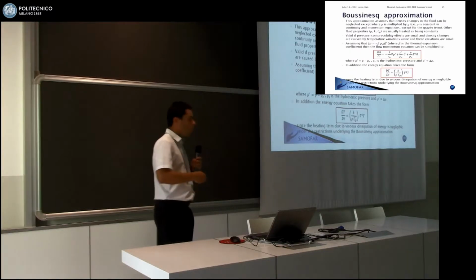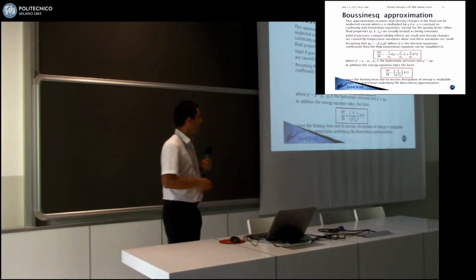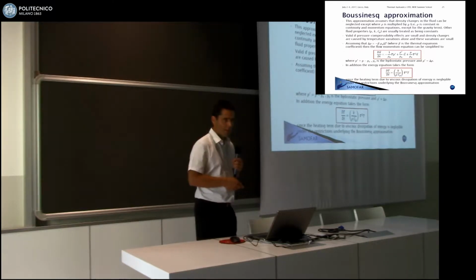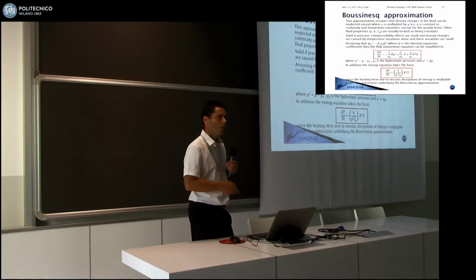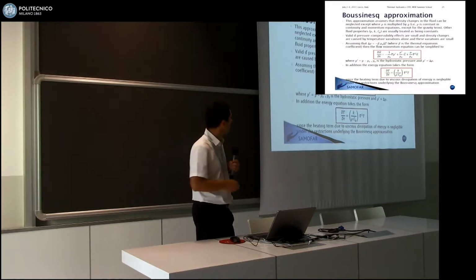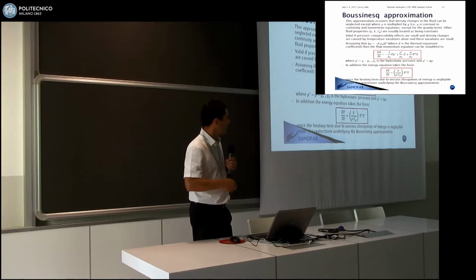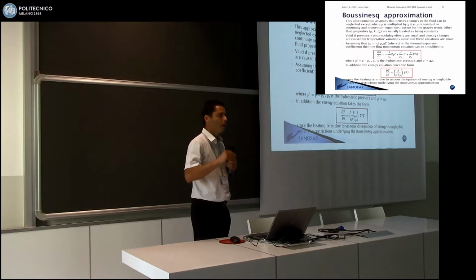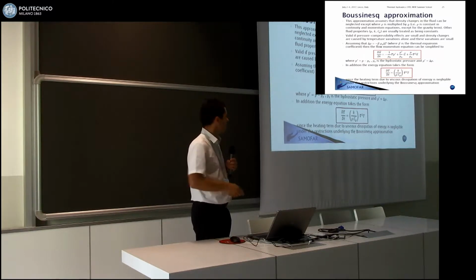Now, we can do further approximations, and here I'm presenting the Boussinesq approximation. This is something that we use in many of the models that we are using for molten salts. The Boussinesq approximation basically says that we can neglect the pressure compressibility effect, so if there is a pressure variation in the fluid, we consider that the density does not change.